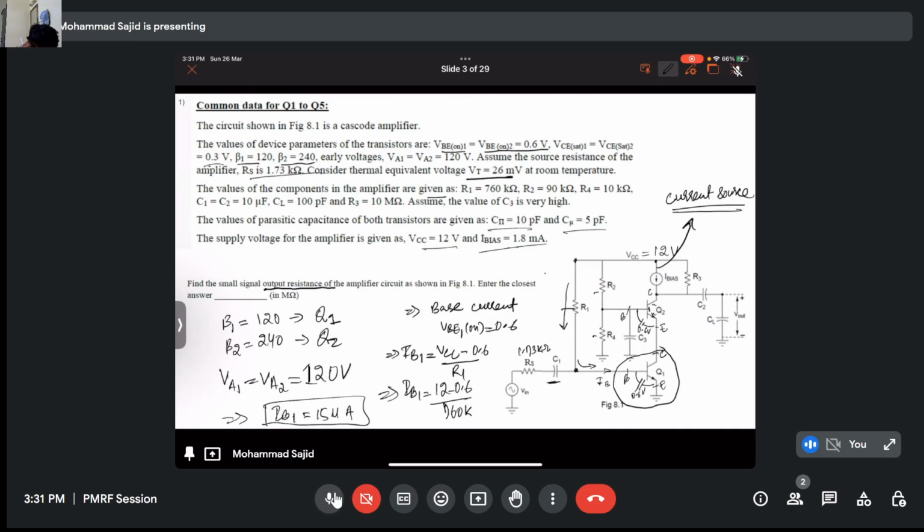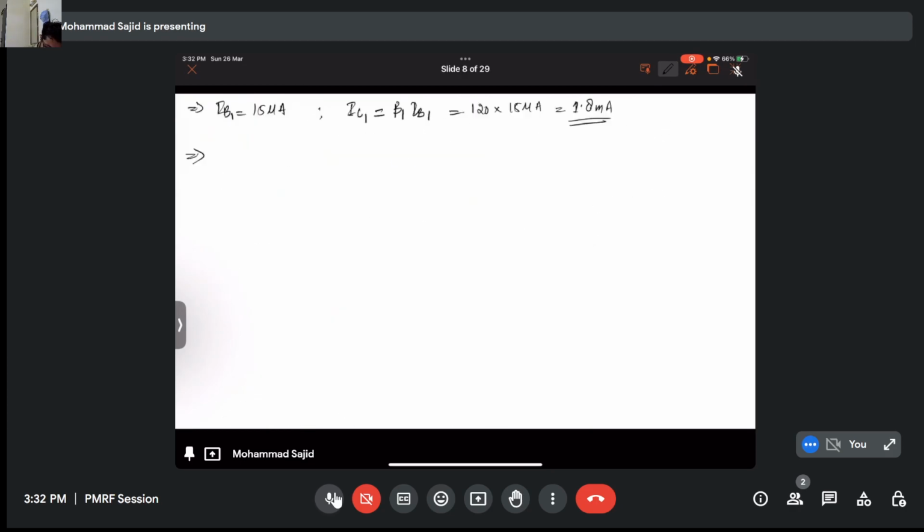So this is the amount of current that should flow through the collector terminal. So we could have directly written this value, and since R3 is very high, IB will be equivalent to IC. So we could have directly written it, so it's okay. We found the same answer, so the calculations are correct. So now that we have IC1, IC2 will be equivalent to IC1.